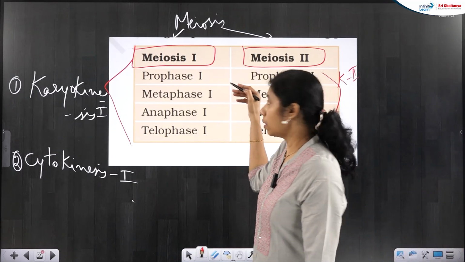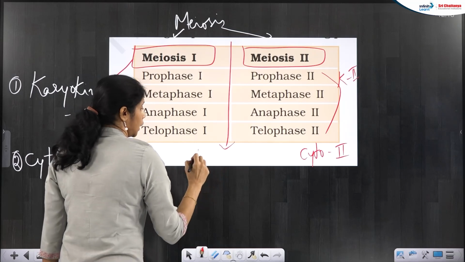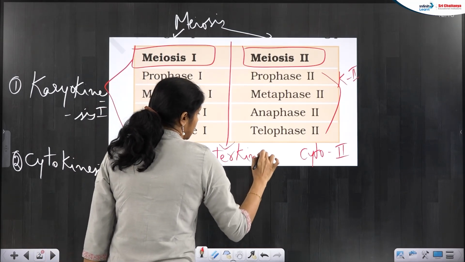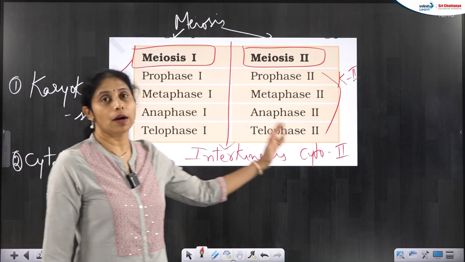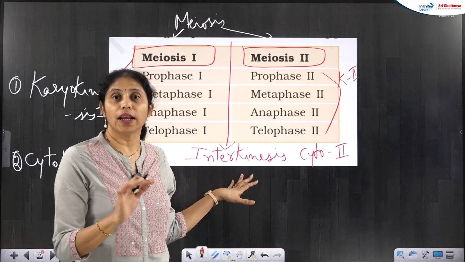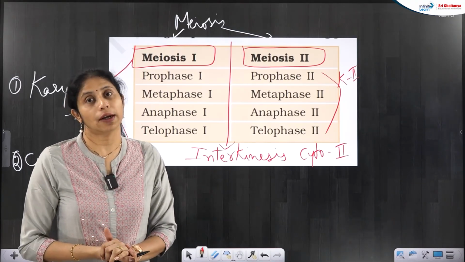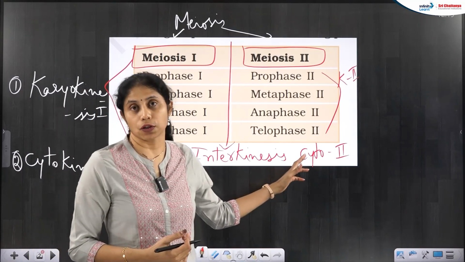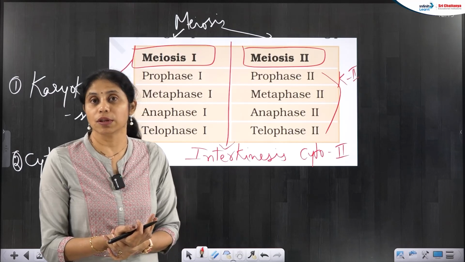In between the two, interkinesis occurs, where there is no DNA replication at all. The cell just prepares itself to undergo meiosis 2. No major changes happen, just RNA and proteins are synthesized.